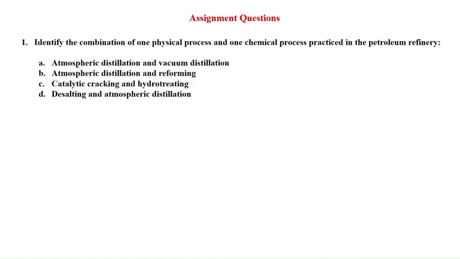Okay, so let me discuss. The first option is atmospheric distillation and vacuum distillation. Both of them are physical processes. Catalytic cracking and hydrotreating, they both are chemical processes. And desalting and atmospheric distillation is a combined physical process. So your answer is correct, which is atmospheric distillation and reforming.